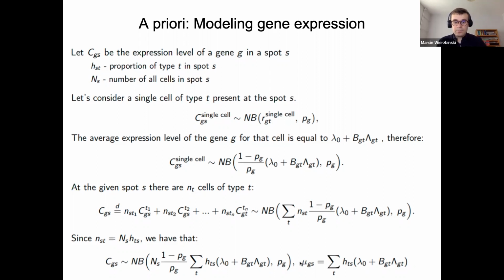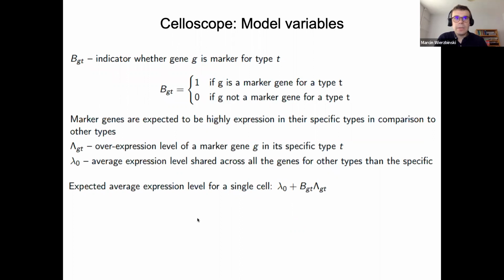Here H_TS means the hidden proportion of type T within spot S. And this is expressed, of course, from the previous slide, as the expected average expression level for a single cell.